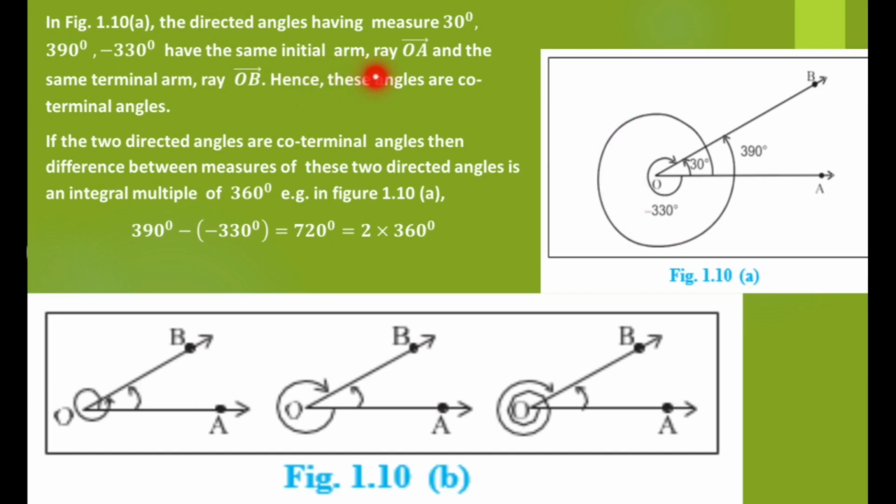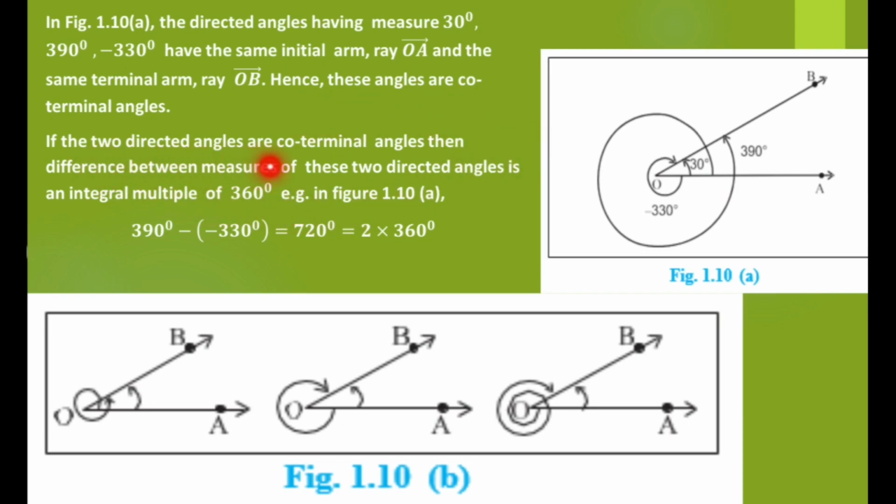They have the same initial arm, ray OA, and the same terminal arm, ray OB. Hence these angles are coterminal angles. So these three angles, 30, minus 330 and 390, are coterminal angles.